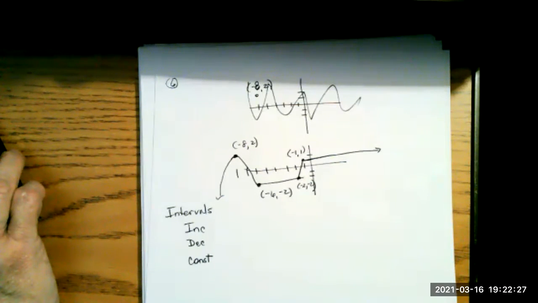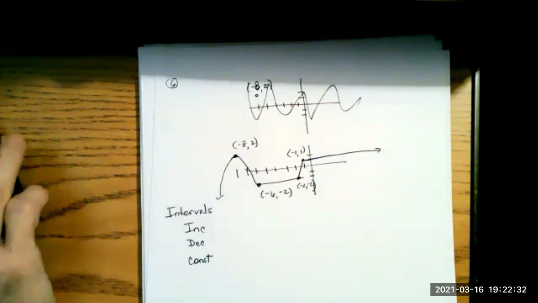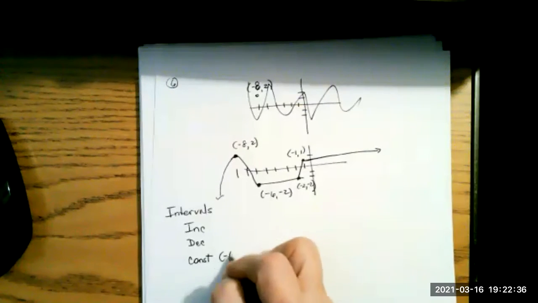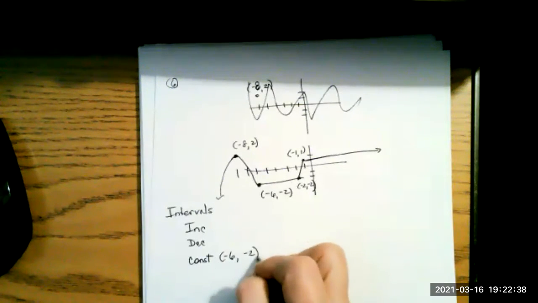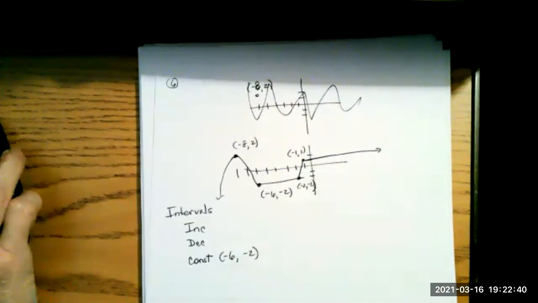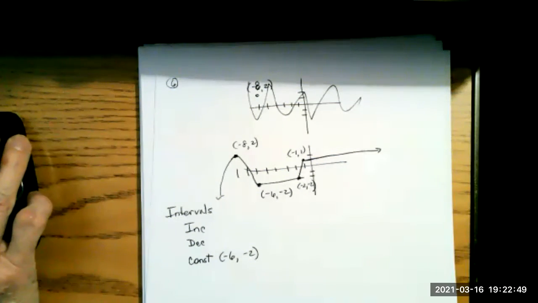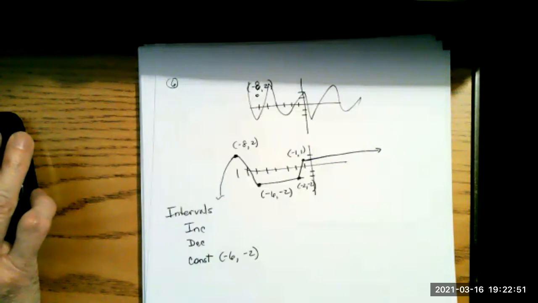Okay, Brooke, pick one. The constant's -6, -2. That's right. It's going straight across from -6, -2. Margaret, did you have that? Did you think that was right? Yes, ma'am. I thought so. Okay, Erica Gurley, pick increasing or decreasing.